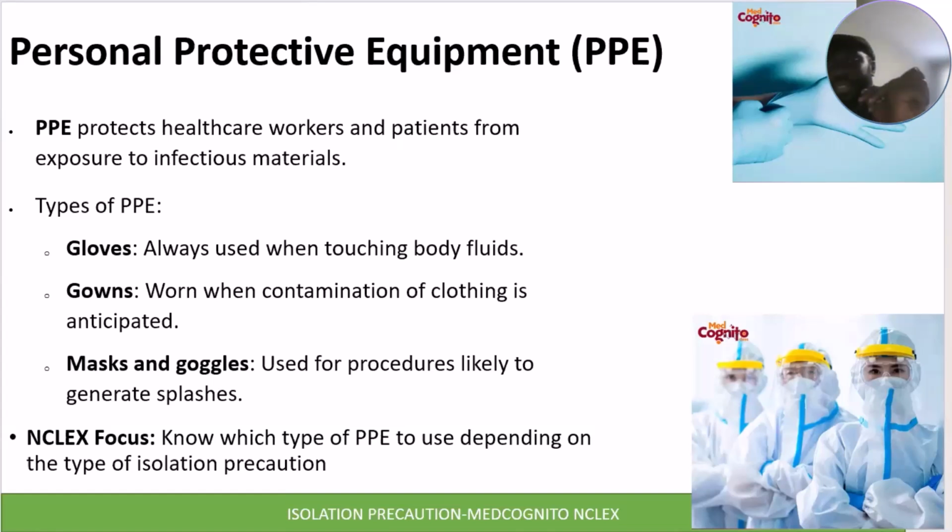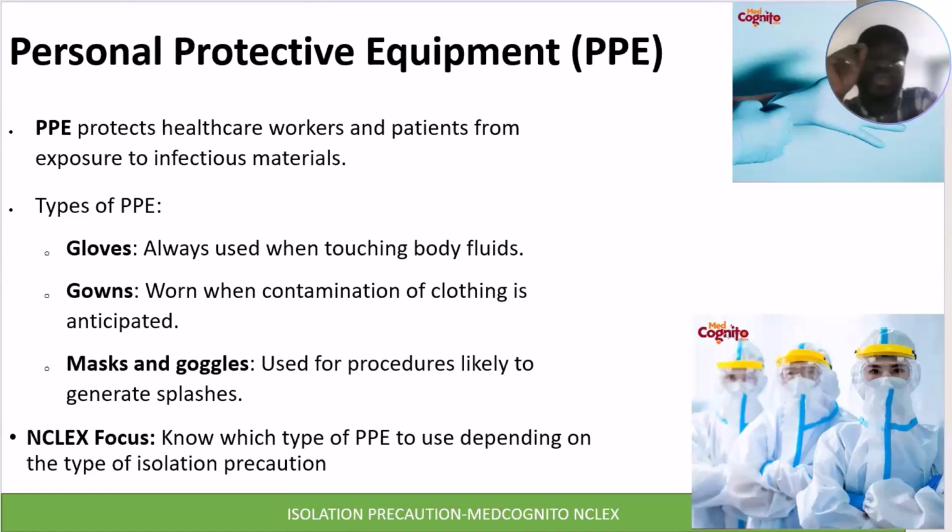We have gloves, and we learned that we use gloves whenever we have to touch body fluids. We have gowns. We learned that gowns are used when contamination of the clothing you are wearing is anticipated. And we have masks and goggles. They are used for procedures likely to generate splashes.